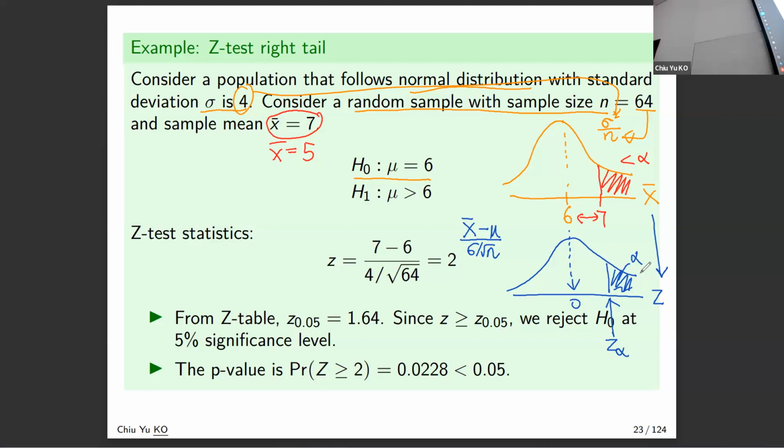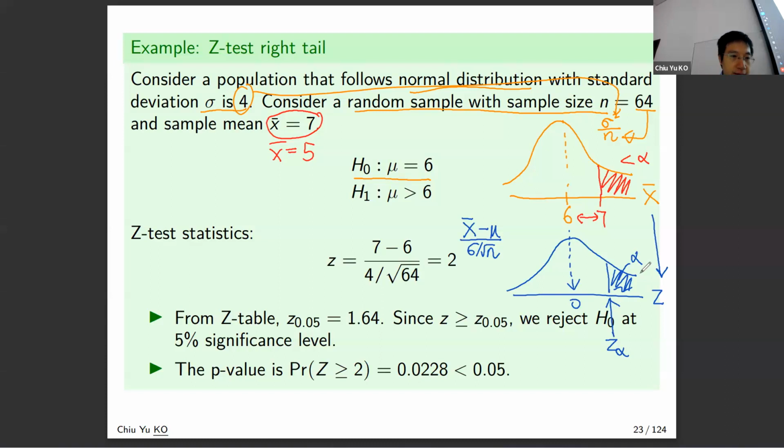That's what the Z means. How many standard deviations is 7 from 6? So the absolute distance is 1, and this is the standard deviation of this bell. Remember, the bell will be narrower when you have bigger n. So it depends on the original sigma, how spread the original x is, and how much sample you have. And you know that actually this is 2 away from that.